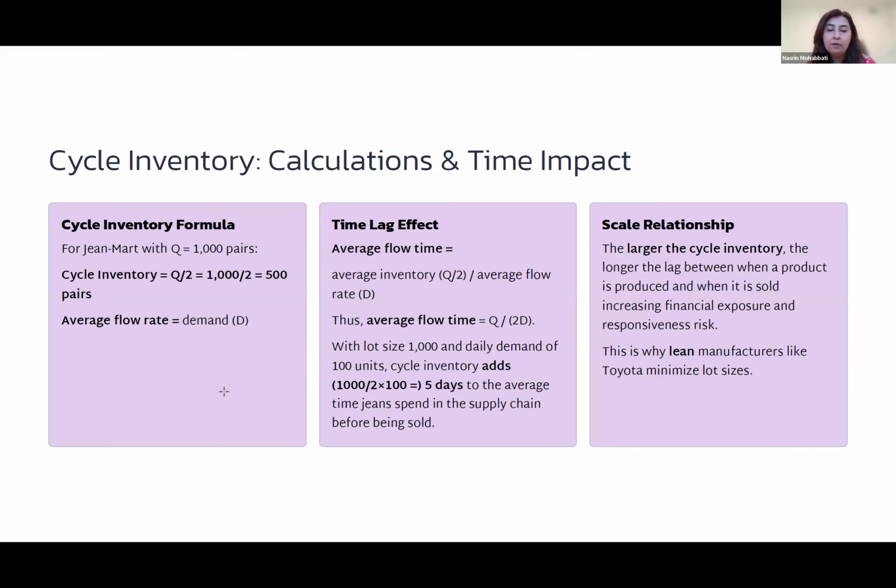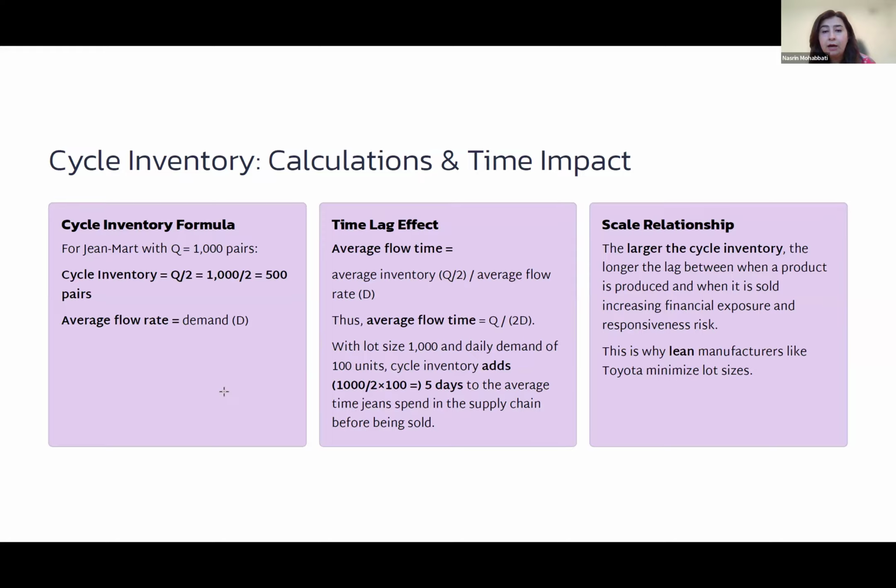We are holding inventory. There is some associated cost with them. We're going to talk about the cost later. But also, it is important to understand how long it will take to let go of this inventory, and that will give us signals. When should we place the next order, the next order, the next order? Basically, that is the average flow time that we need to calculate.